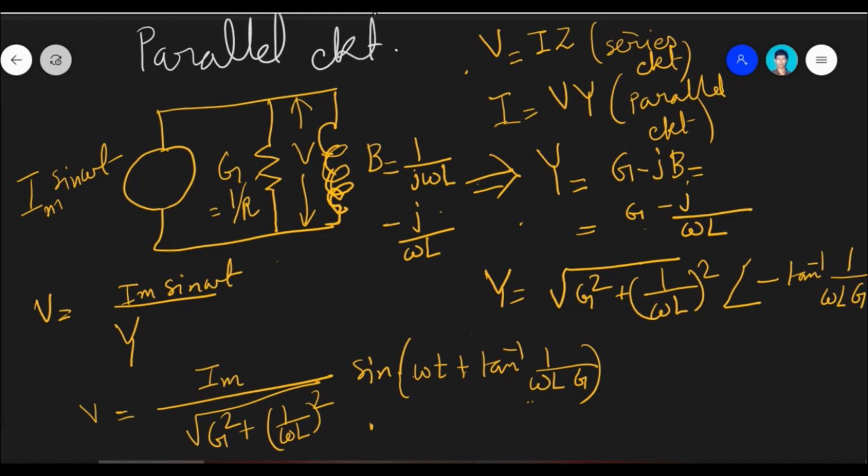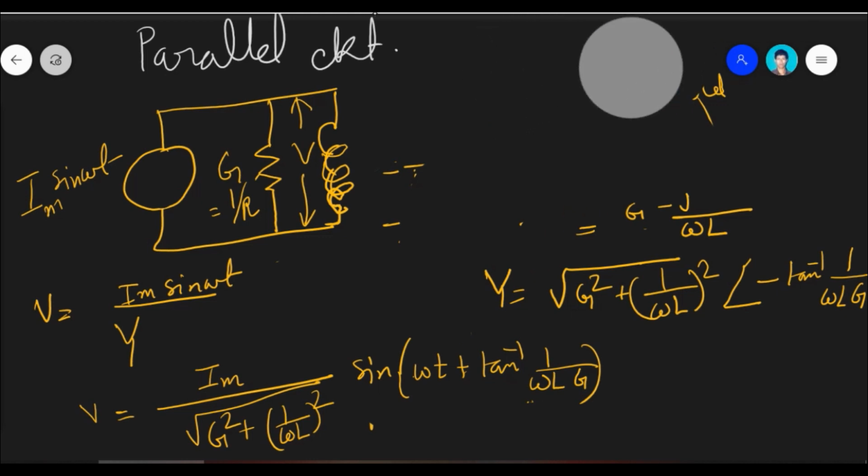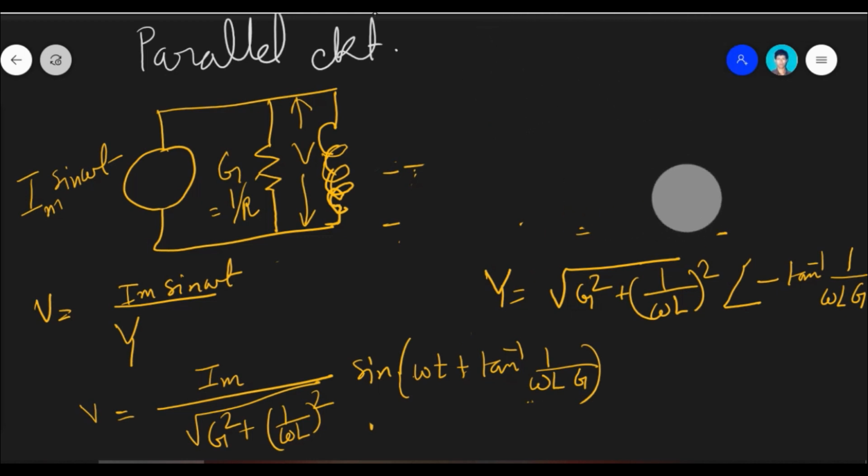We will gradually proceed to the concept of duality, but before that let me draw the locus diagram. As I have already mentioned, for a parallel circuit it is not a wise decision to consider your voltage as reference. We should consider current as our reference.